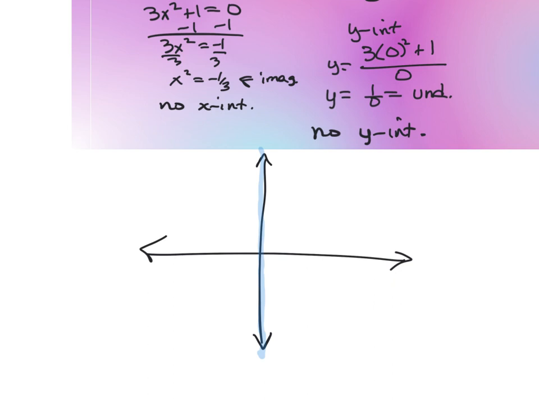And then I need to graph the slant asymptote. So I'm going to start at 0, 0, and I'm going to rise 3 and run 1. Rise 3, 1, 2, 3, and then I can run 1. So I can go ahead and create my slant asymptote.